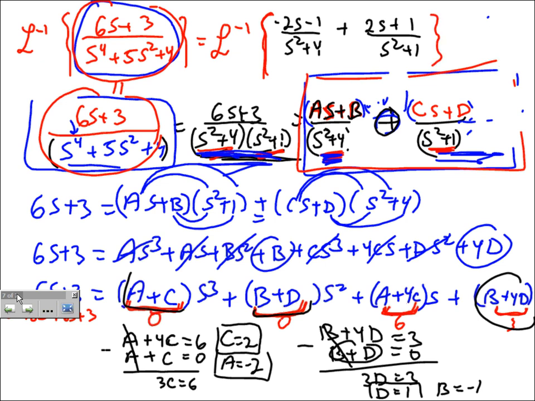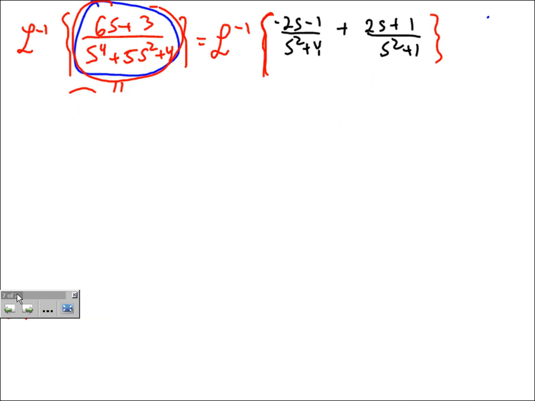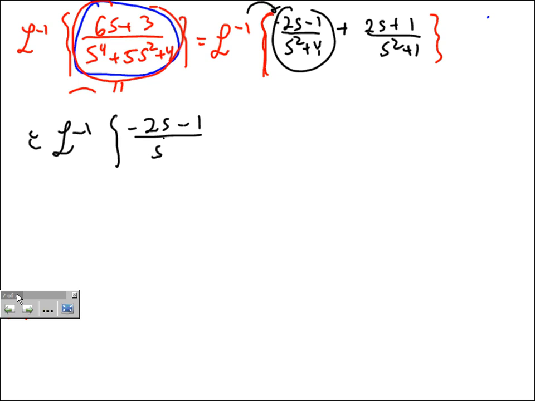Okay, so now that I have the a, b, c's, and d's, I could rewrite this nice and cleanly, and things will become nice. I'll take a number of steps. It's the inverse Laplace transform of negative 2s minus 1 over s squared plus 4 plus the inverse Laplace of this fraction.